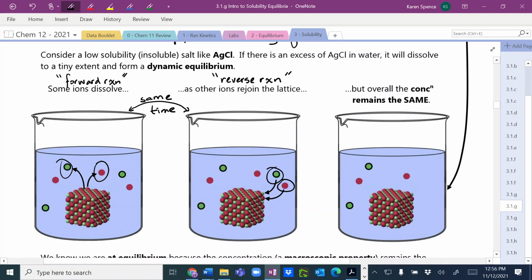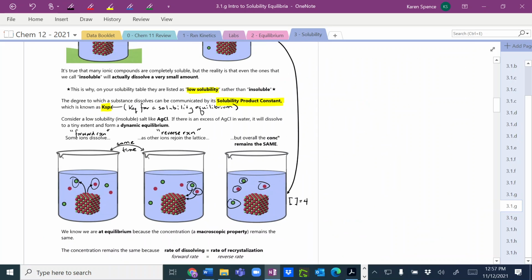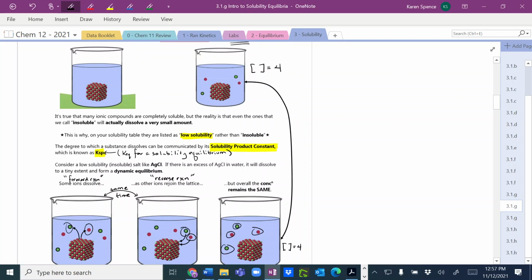Overall, though, after we've had a couple particles dissolve and a couple particles recrystallize, the overall concentration has stayed the same, right? Because the concentration down here is 4. We have 4 particles. 1, 2, 3, 4. Just like up above, we had a concentration of 1, 2, 3, 4. Yes?